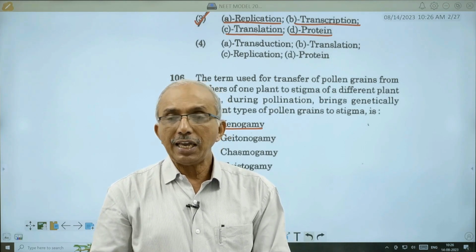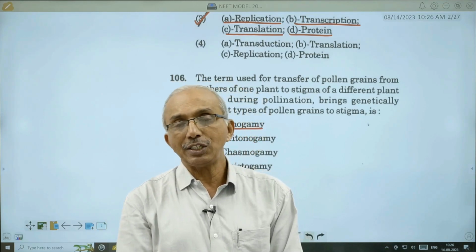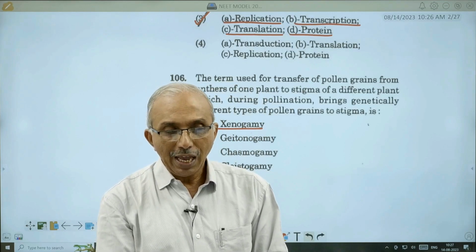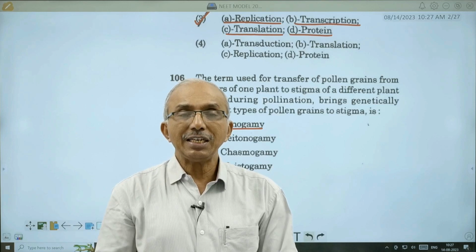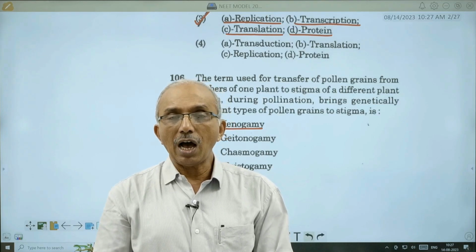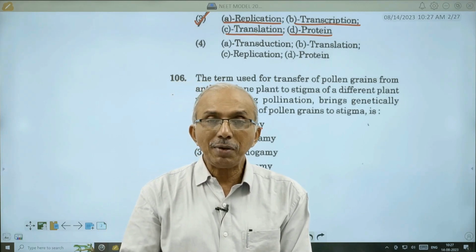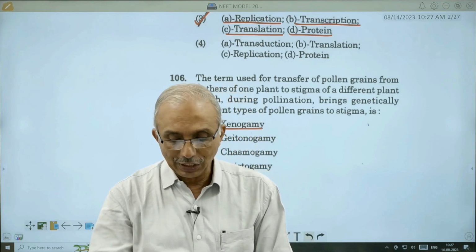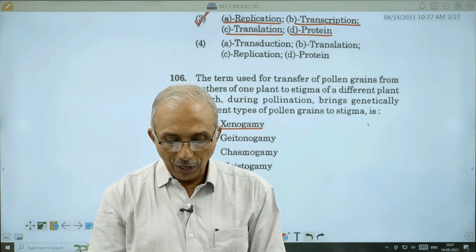Geitonogamy is functionally a cross-pollination, seems to be a cross-pollination, but genetically it is a self-pollination because both flowers are on the same plant. Xenogamy is the true cross-pollination.